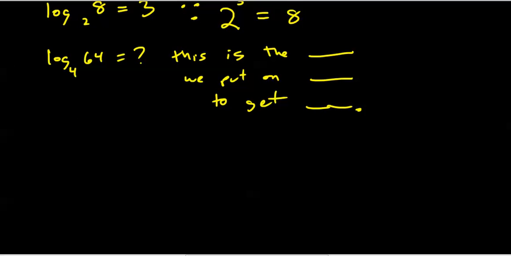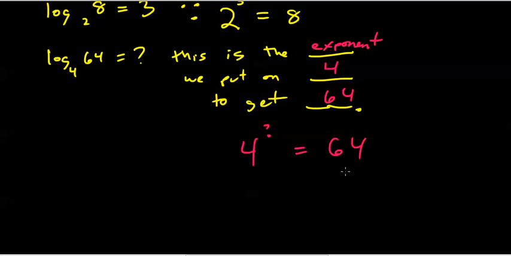The log of 64 base 4 is the exponent we put on 4 to get 64. That's by definition. So if I ask you what exponent do I put on 4 to get 64, what is question mark here? And of course, question mark is going to be 3.